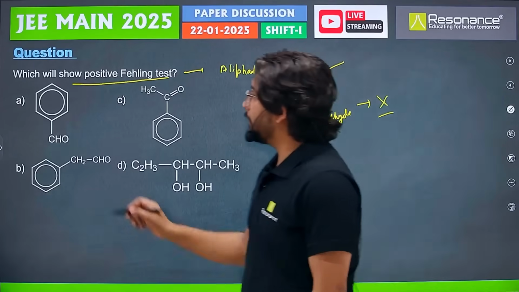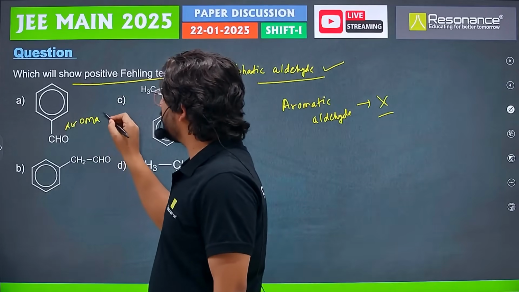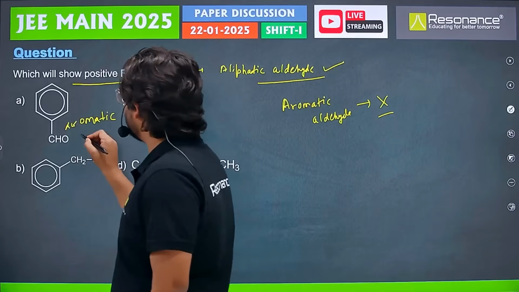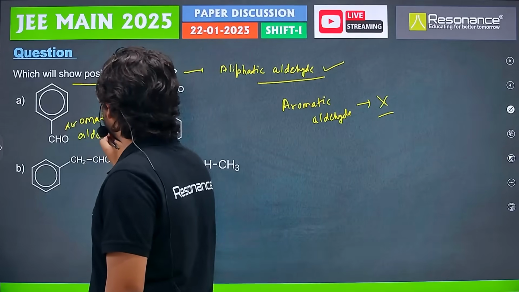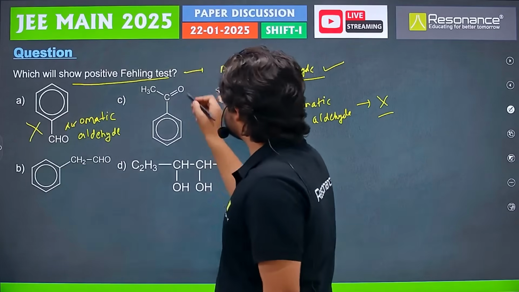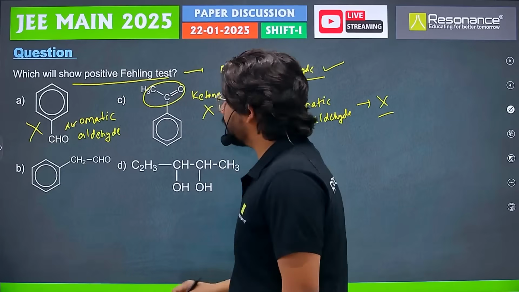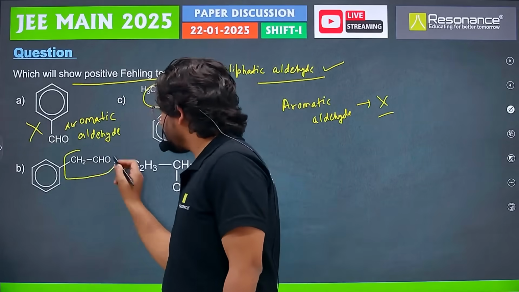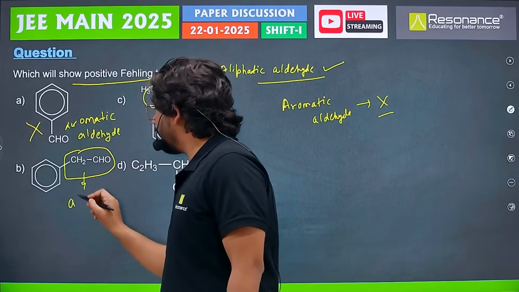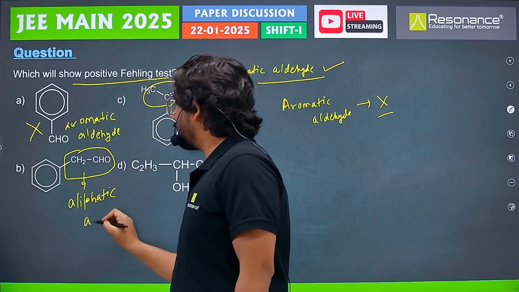Now find out. This one is aromatic aldehyde, so it will not give. This is a ketone functional group, so it will also not give. This one is an aliphatic aldehyde.